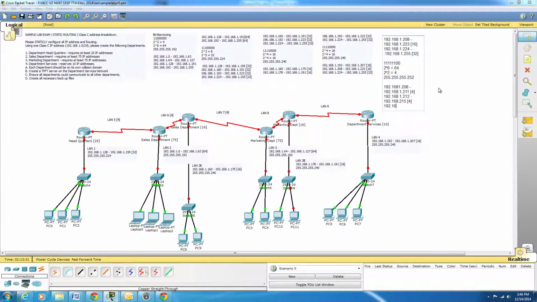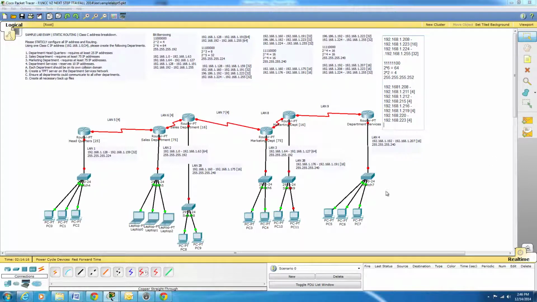Continuing on, 192.168.1.216 is going to be the first, and that's going to go to 192.168.1.219, and that is your third block of 4 IP addresses. And finally, you're going to go 192.168.1.220, and that's going to go to 192.168.1.223.